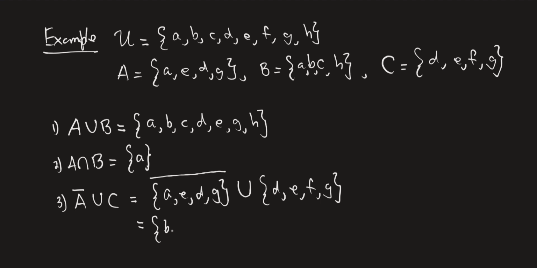So we have B, we have C is in the universal set, but not in A. D and E are in A, so they can't be in its complement. And then F and H round out the complement of A, right? And then I still have to do the union with this set, D, E, F, G.